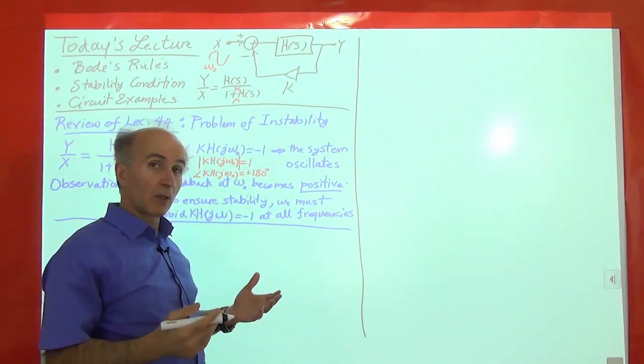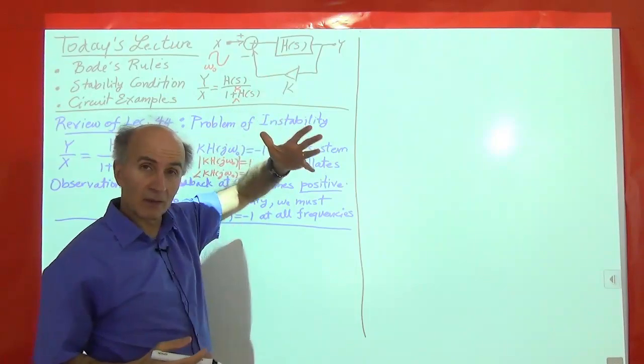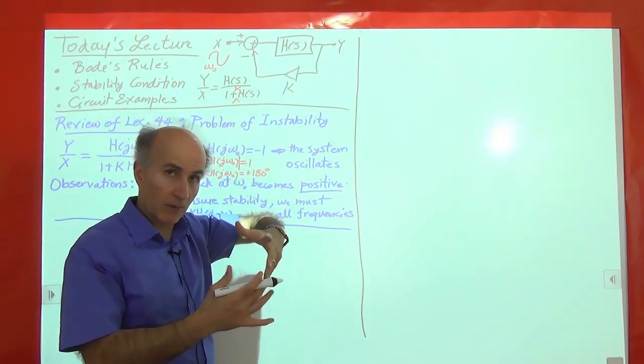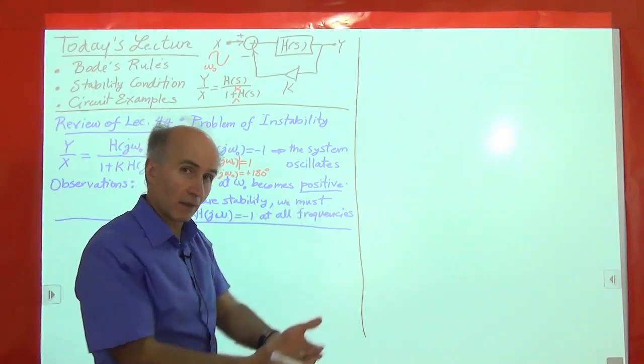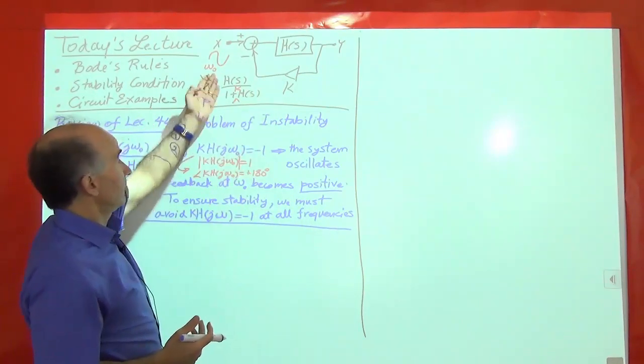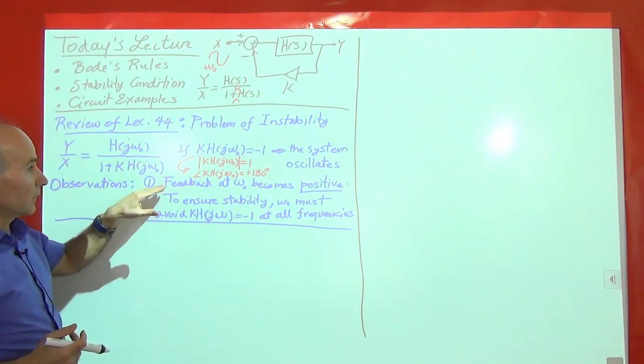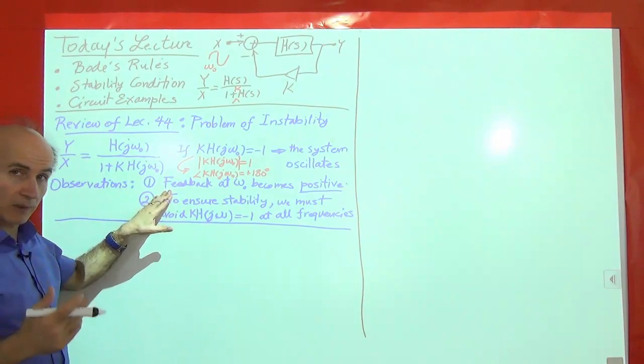But what happened was that H of S, the feed-forward amplifier, is not ideal. It has some poles and zeros, so it delays the signal, and as a result, it makes the feedback positive at this frequency. All right, so we saw that feedback is positive, and that's why it oscillates.